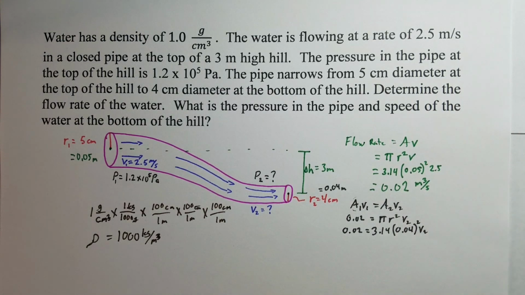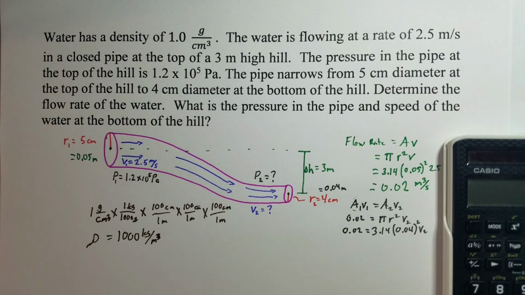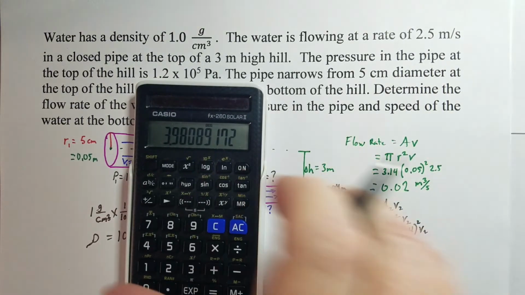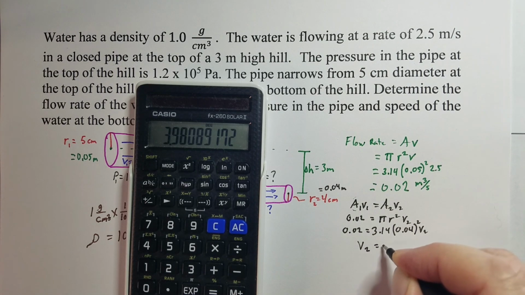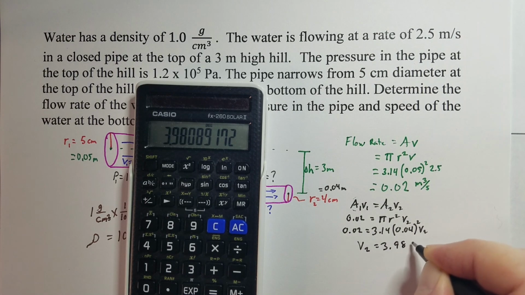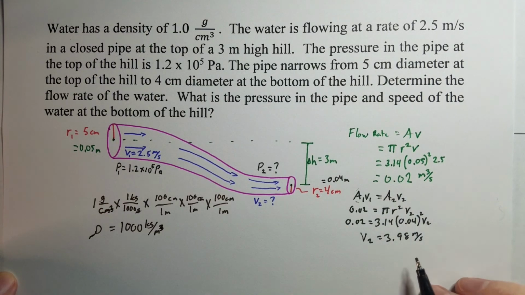Don't forget to square that. Easy mistake to make. So 0.02 divided by 3.14 divided by 0.04 squared gives me just under 4. So we're going to say the velocity at 2 is 3.98 meters per second.